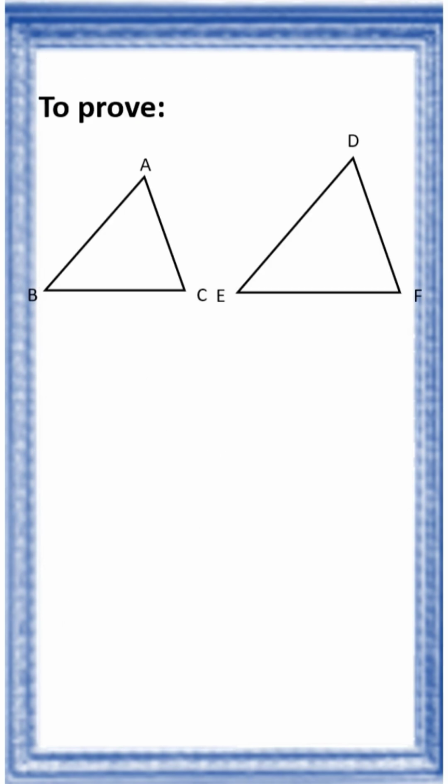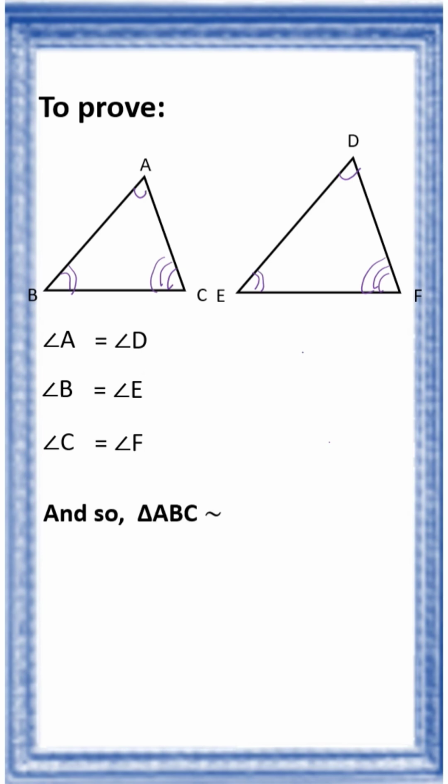Now to prove, angle A is equal to angle D, angle B is equal to angle E, and angle C is equal to angle F, and hence the triangles are similar, means triangle ABC is similar to triangle DEF.